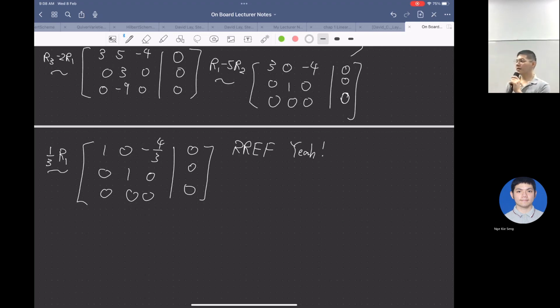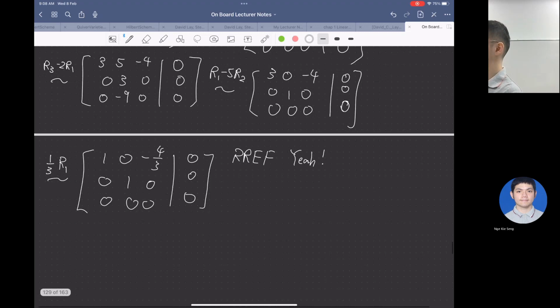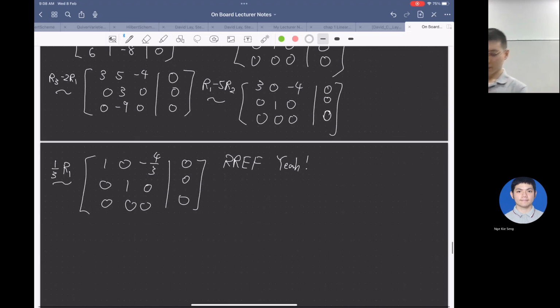Is everyone getting this reduced row echelon form? Is it the same one you get? Check your solution. From here, this one is very crucial: how to translate to the general solution? I get x1 minus 4/3 x3 equals 0, and x2 equals 0.